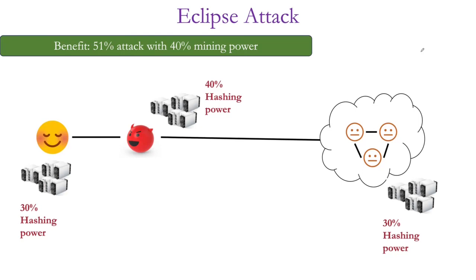Then after building a few blocks in the blockchain, the attacker will become the winner. And because of this 40% of hashing power, the attacker will try to control the rest of the network.